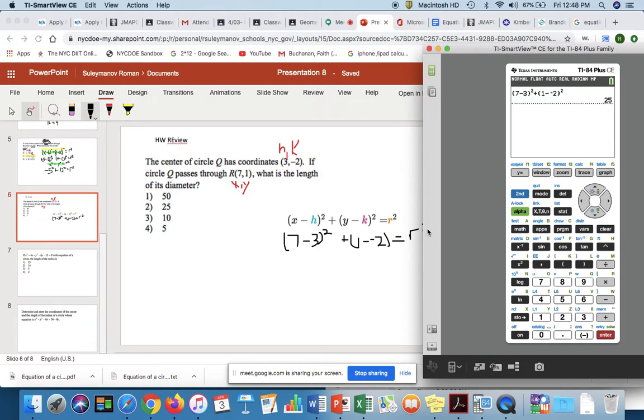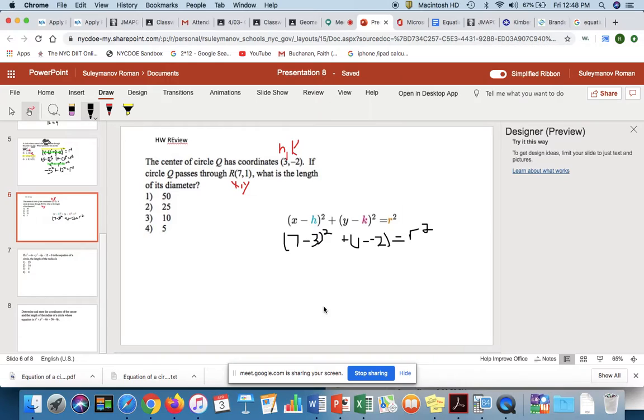I get 25, right? But what you want to remember is 25 equals the radius squared. So that means the radius would equal the square root of 25, or just 5.